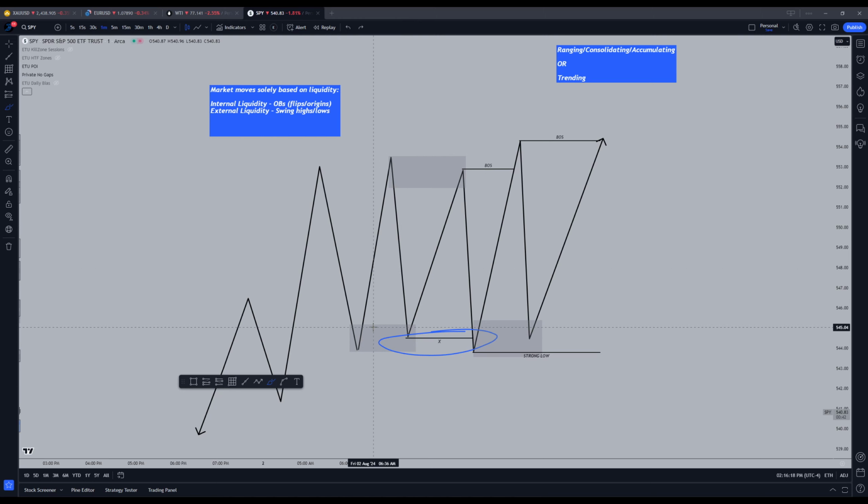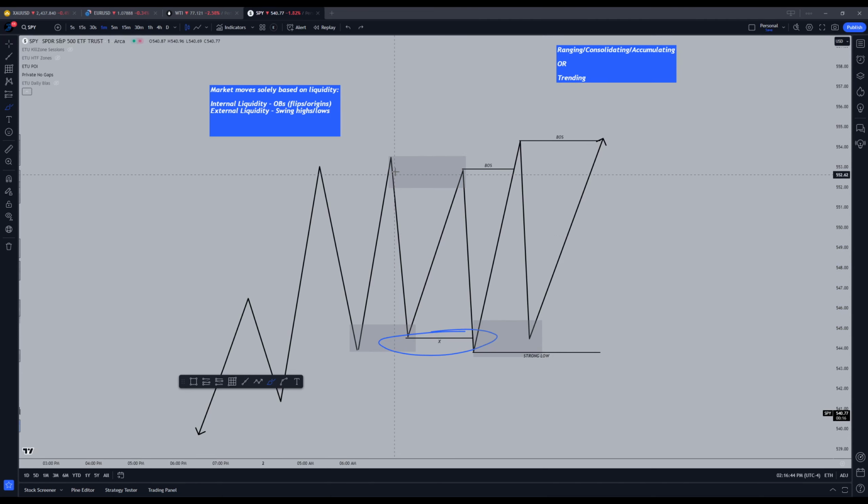So first internal move, second internal move. I'm expecting this next move to be an external move and not an internal move, because if this next move becomes an internal move, that would be 3 internal liquidity moves in a row, and that rarely occurs because at some point we have to take out liquidity to fuel the market.